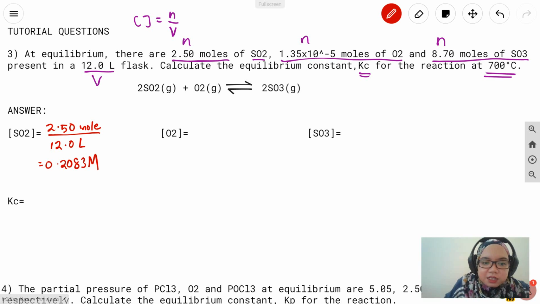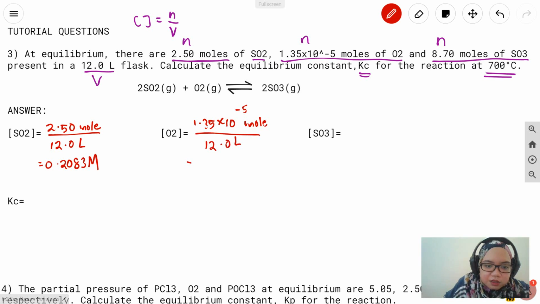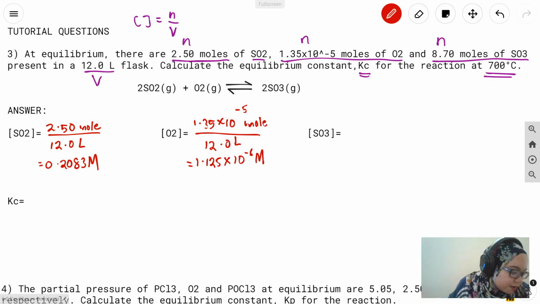For oxygen, same as well: 1.35 times 10 to the power of negative 5 mole divided by 12.0 liters. So it is equal to 1.125 times 10 to the power of negative 6 molar.